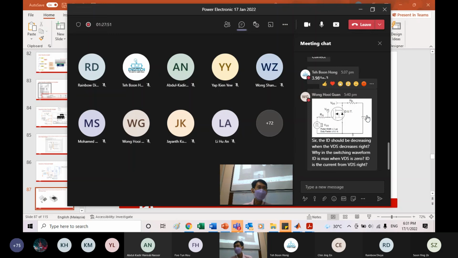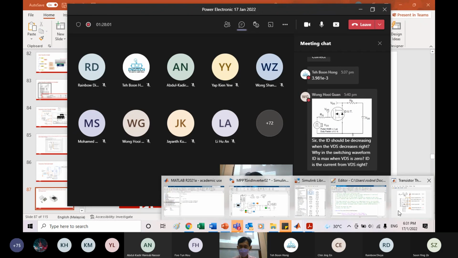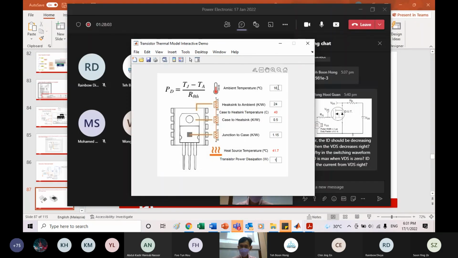Space is a vacuum, so the ambient temperature is so low already, but it still generates heat. You can try my MATLAB code. If I put this in, let's say not space, let's say Antarctica, you see it goes down to 24, normal room temperature.